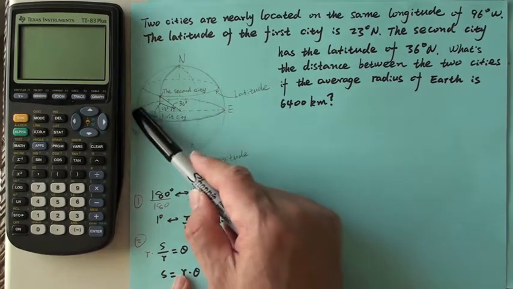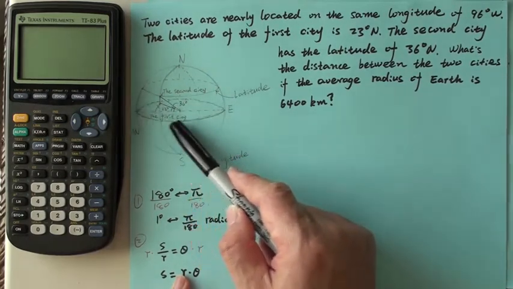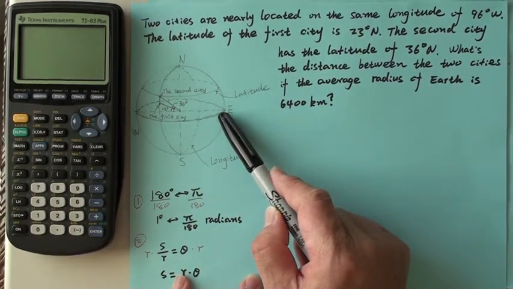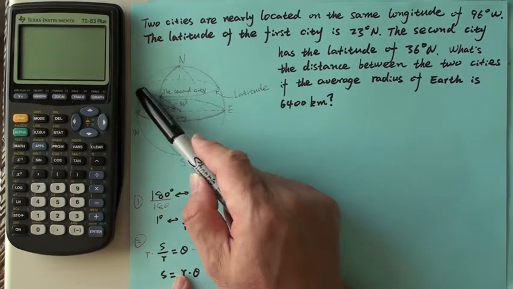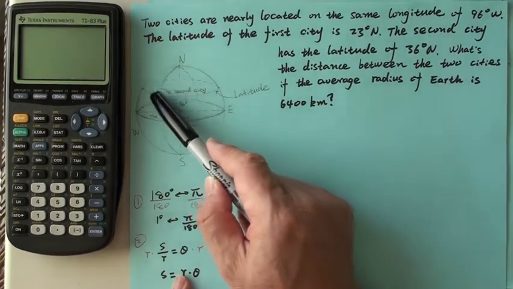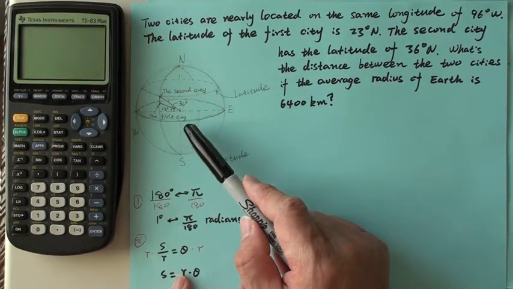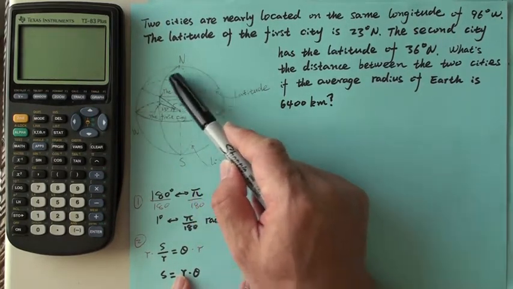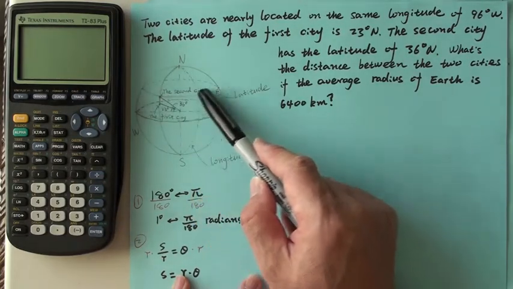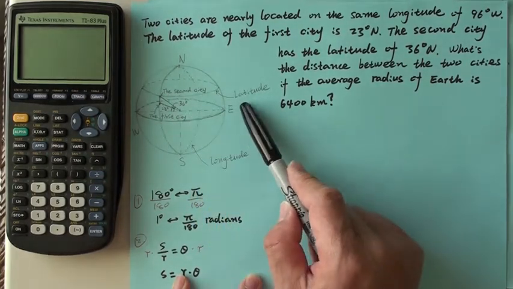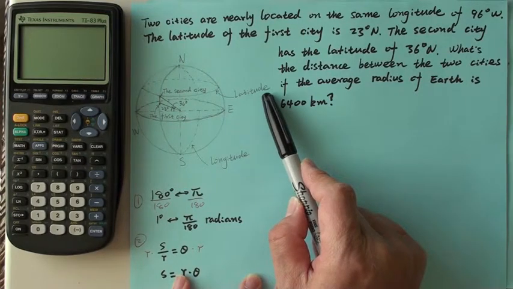This is the 0 equator, 0 degrees. And then this is another smaller disk. So the disk in the horizontal way, we will call that latitude.